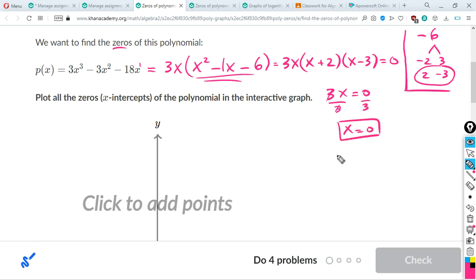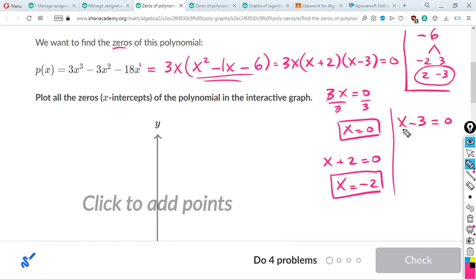If x plus 2 equals 0, of course, x is going to be negative 2, because negative 2 plus 2 is 0. And if x minus 3 is 0, x has to be 3, because 3 minus 3 is 0.